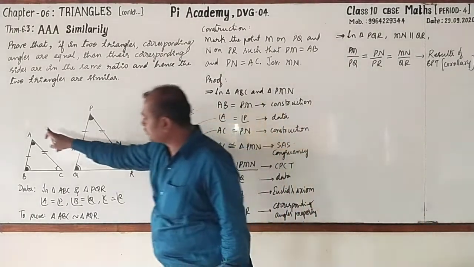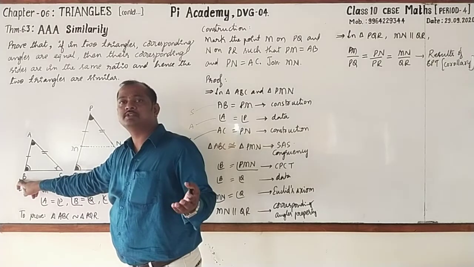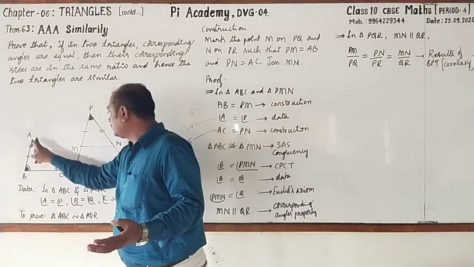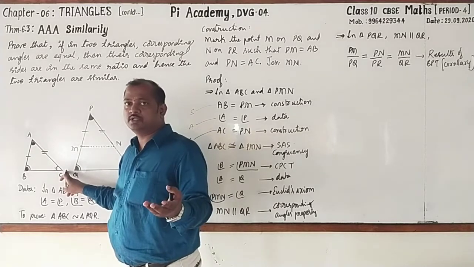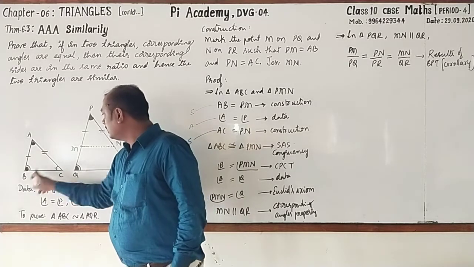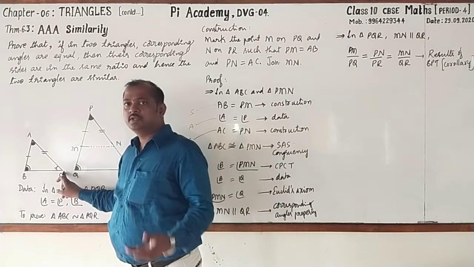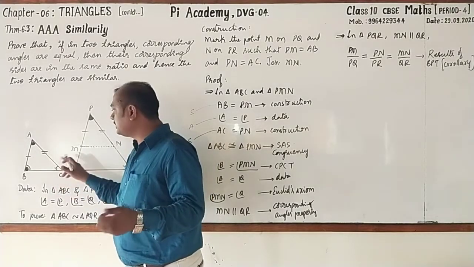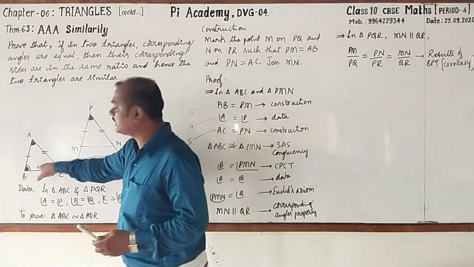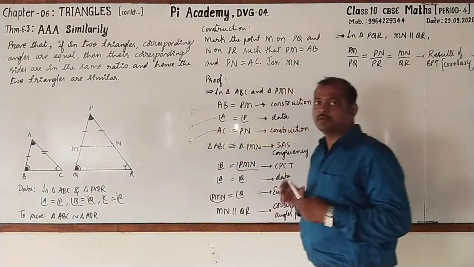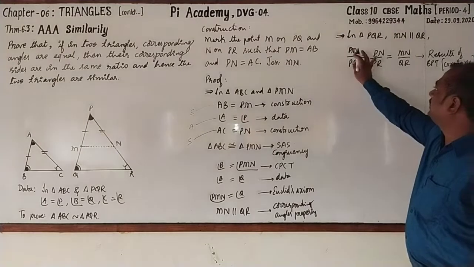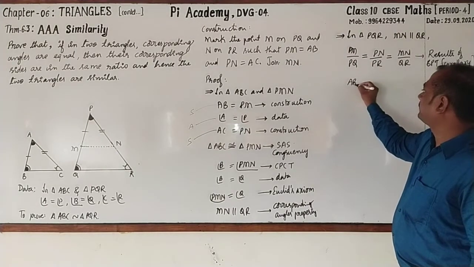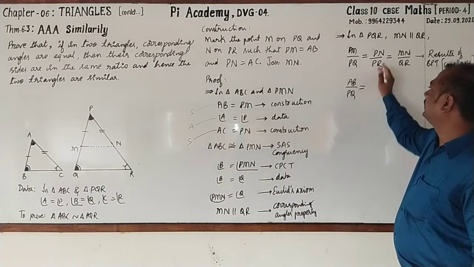And we all know that PM is equal to AB. It has been mentioned in the construction. PN equal to AC, that is also mentioned in the construction. And MN equal to BC. Yes or no? Yes. What is the reason? Because from CPCT we have proved that these two triangles are congruent. Followed. Here in place of PM, I'll write AB, then AB by PQ.